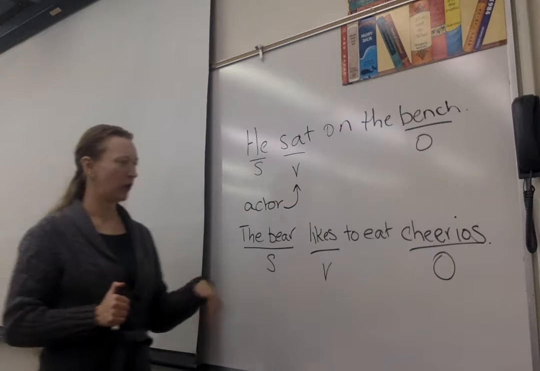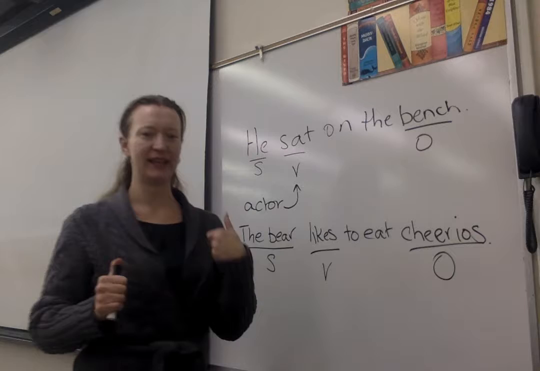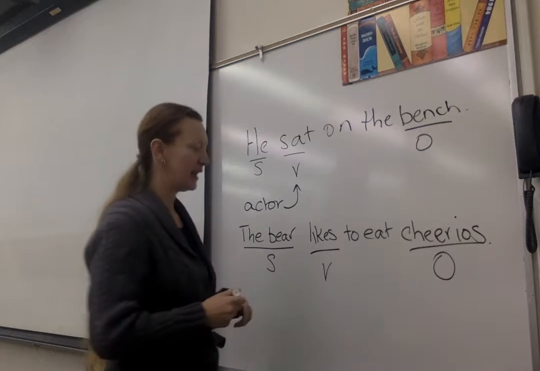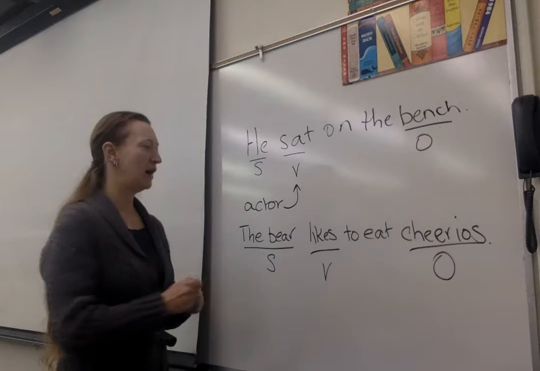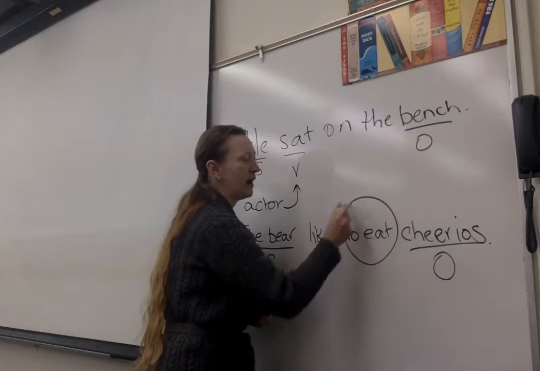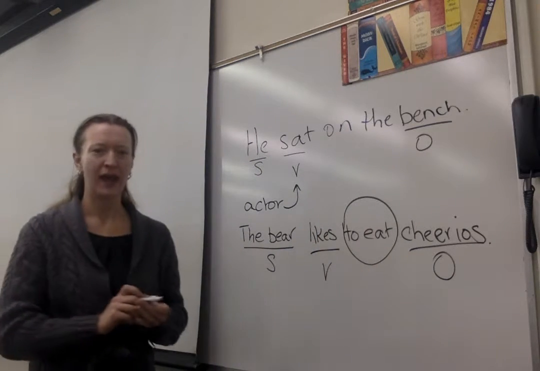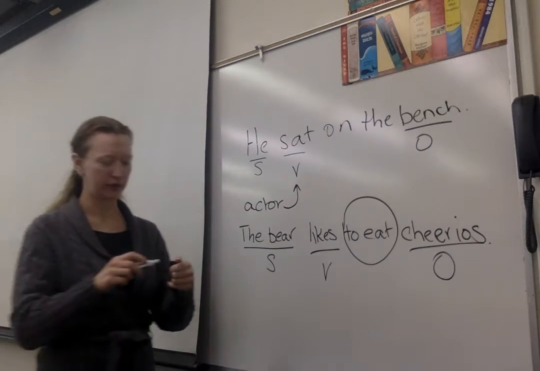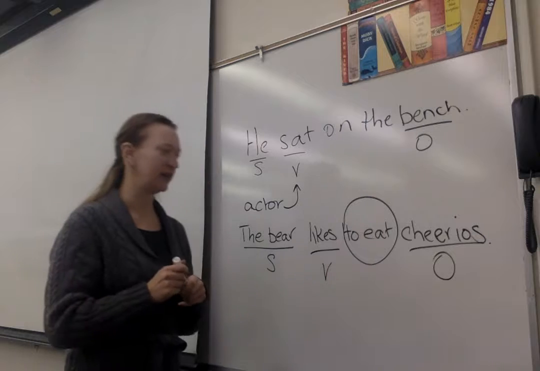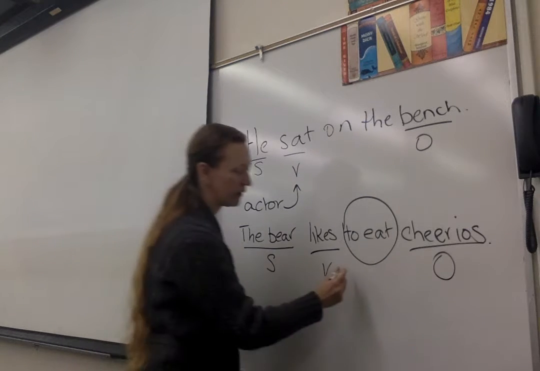Now, a lot of times we'll have questions about what exactly is the verb in the sentence. And in this case, the verb is likes. But you'll also notice that we have to eat right here. And in a lot of cases, a lot of times we want to say that to eat is part of the verb. However, to eat is what we call an infinitive form of the verb.